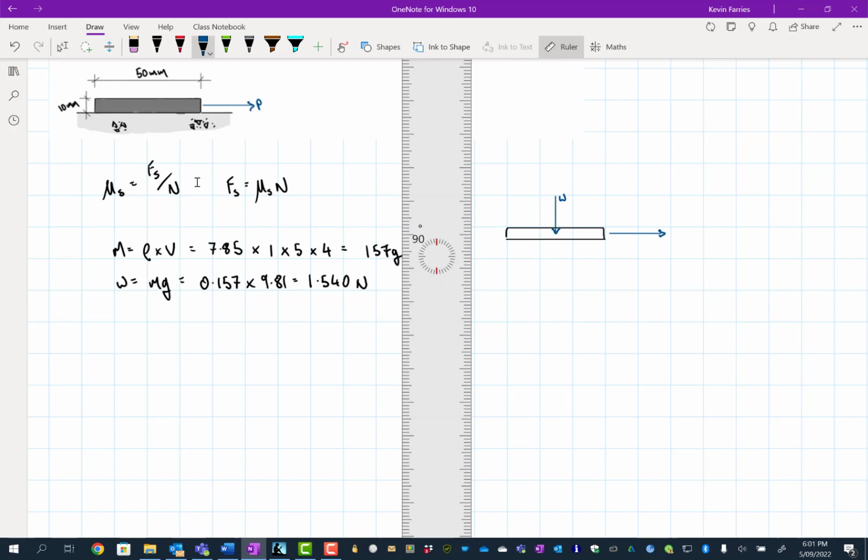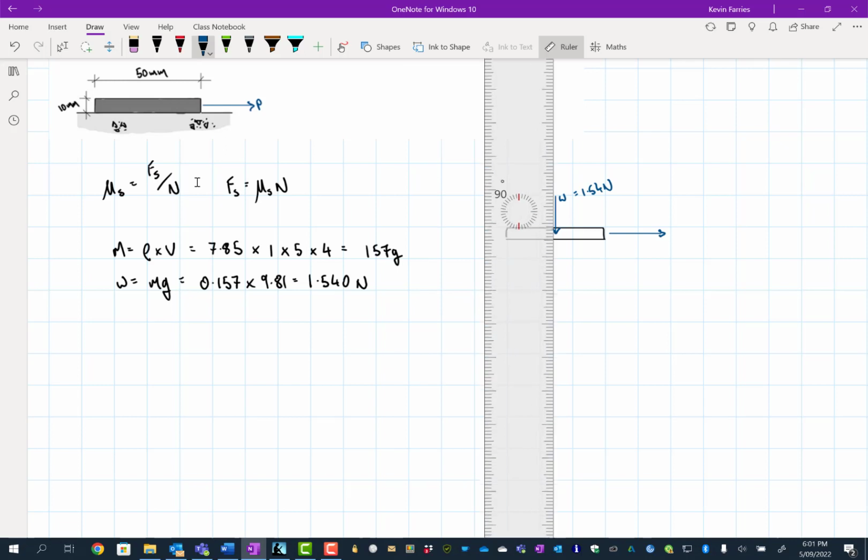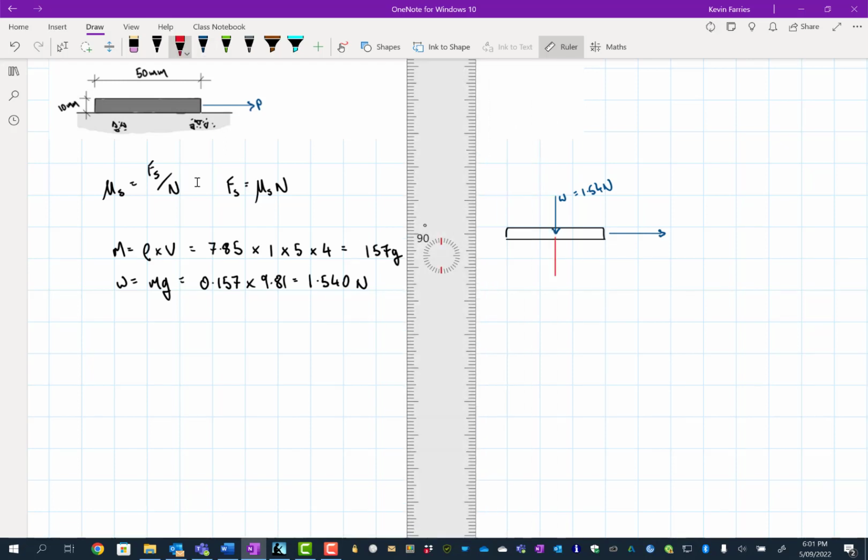So that's W equal to 1.54 newtons. Then that means that the reaction force, we don't have any other vertical components, so our normal reaction is going to be 1.54 newtons.